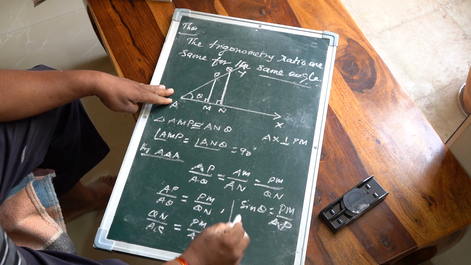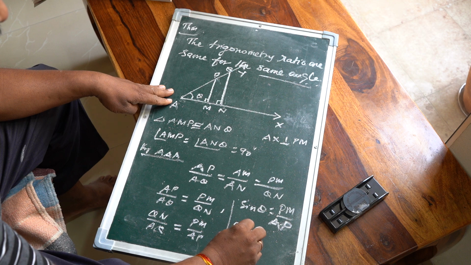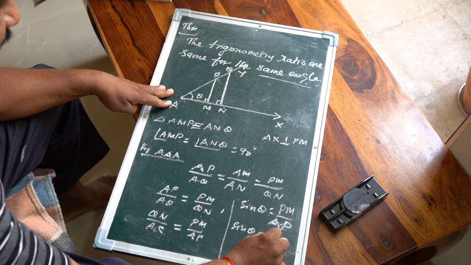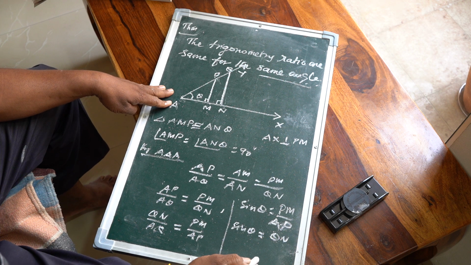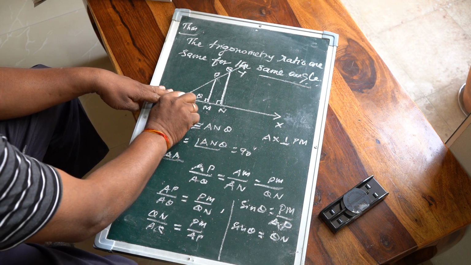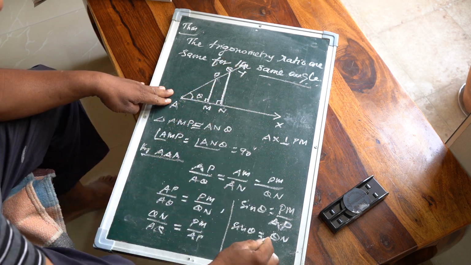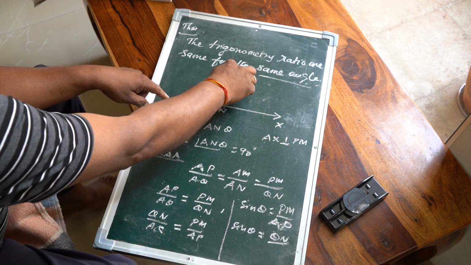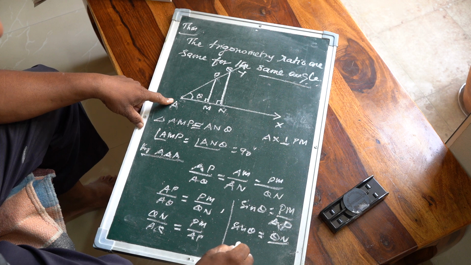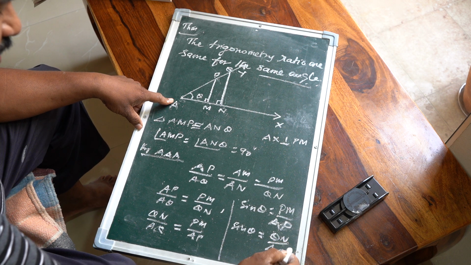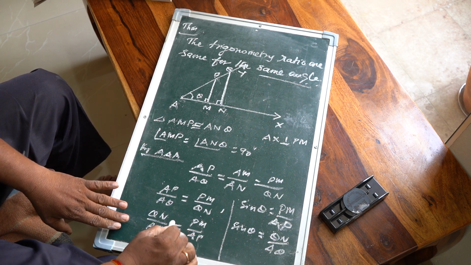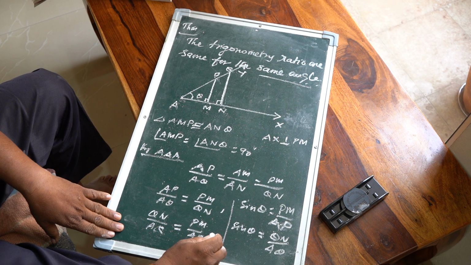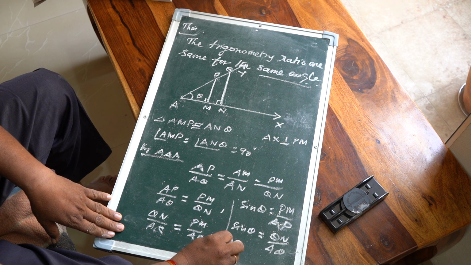In the next triangle, sin theta equals the opposite side QN by AQ. So QN by AQ equals PM by AP equals sin theta.